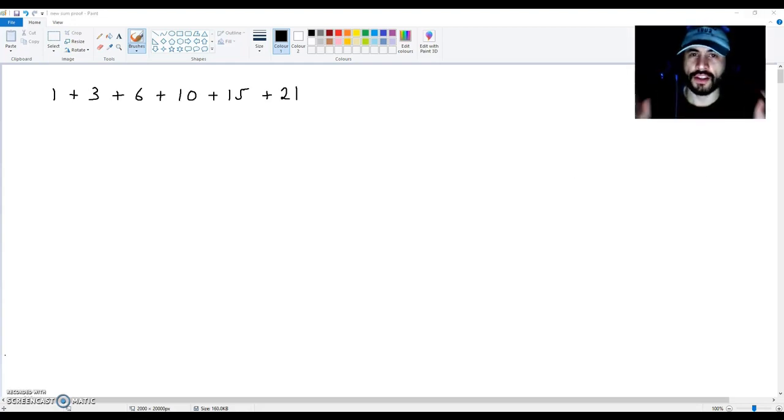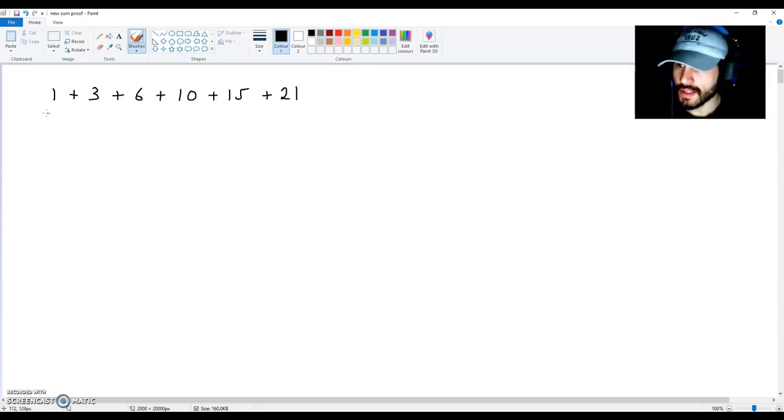Now, before I show you how to get this formula, we are going to have a look at these numbers in more detail. Why do we have this actual sum here? And is there a pattern?